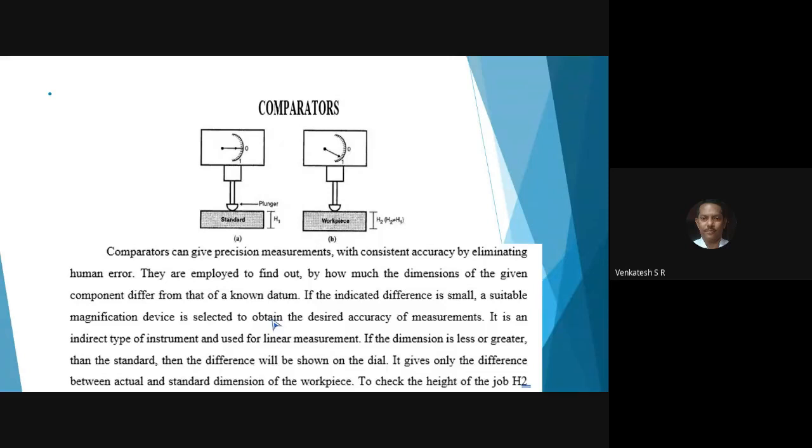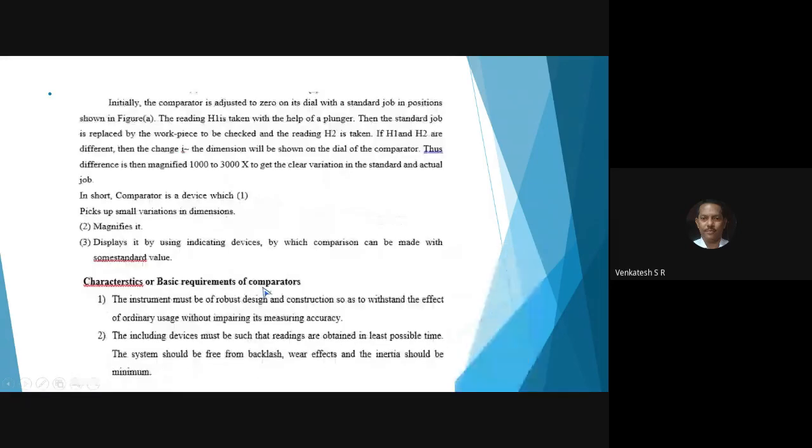Please write down the question. What is comparator? Put a question mark.